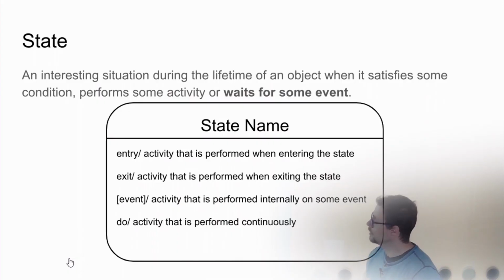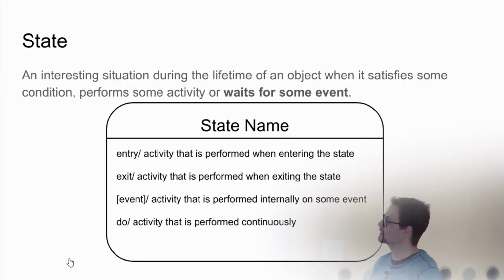The basic notation is a box for the states with a state name. And a state is some kind of interesting situation during the lifetime of an object when it satisfies some condition. And object in this sense is used in a very wide sense. It's not an object like an object-oriented object.